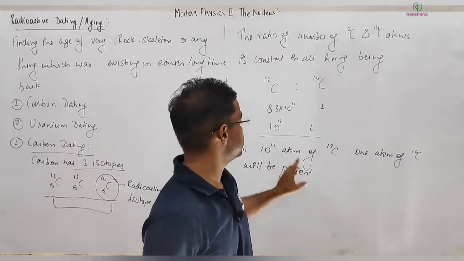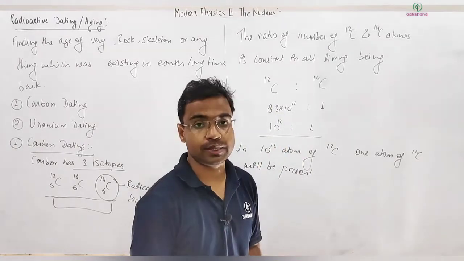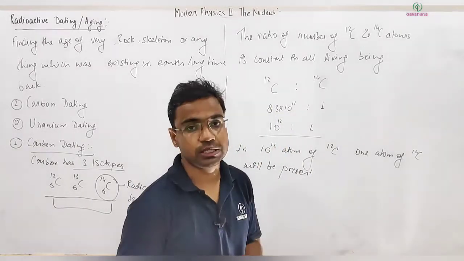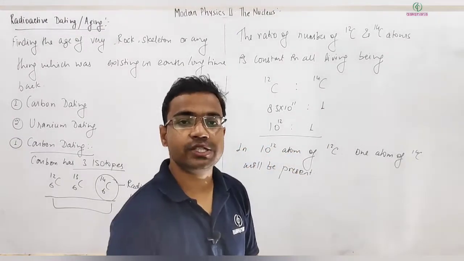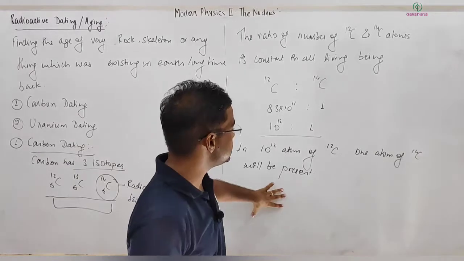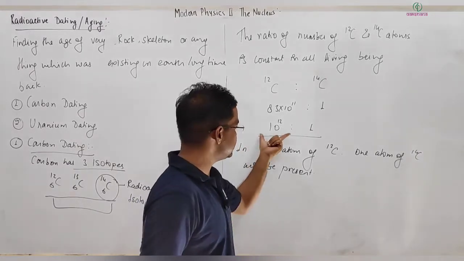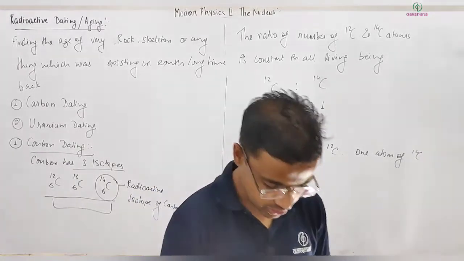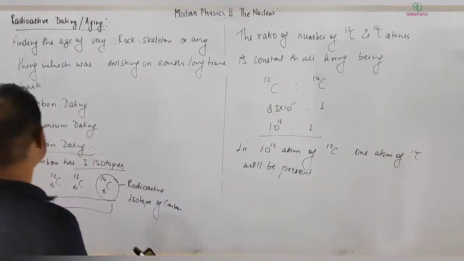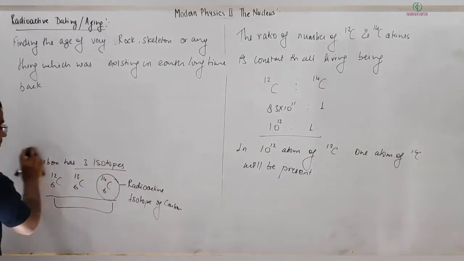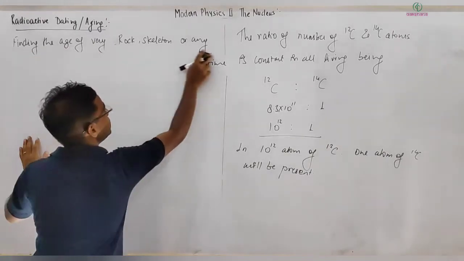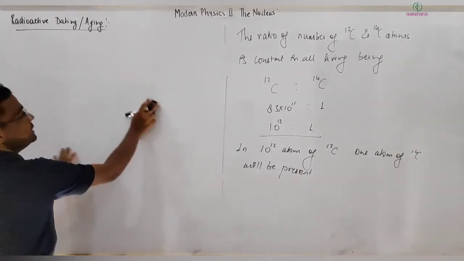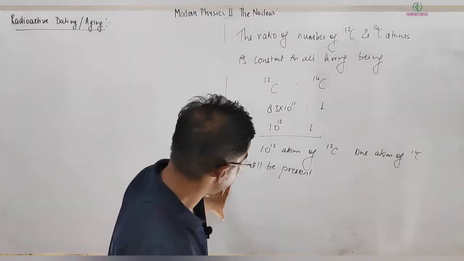Remember, this ratio holds in living organisms, living plants and animals. Once it is dead, the ratio starts getting disturbed. Let me first tell you how the ratio is maintained constant in living beings. All living beings take in carbon in some form.